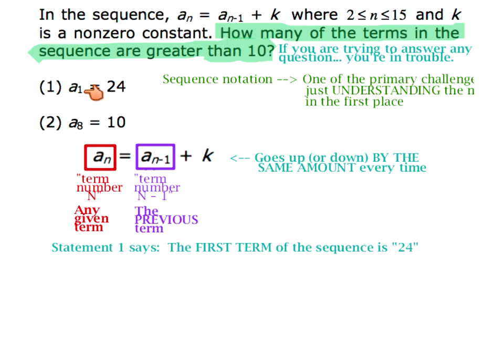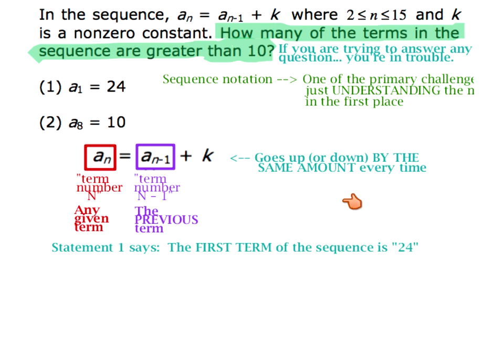Also, we are talking about A1 here, which means that A1 definitely has to exist. If you thought that we started with A2, this would be a meaningless, weird statement. So we start with A1. If n is 2, we have to have an A2 and an A1. And then we end with A15; if n is 15, that's A15 and A14. So the terms go from A1 to A15, not A2 to A15. Make sure you know that.